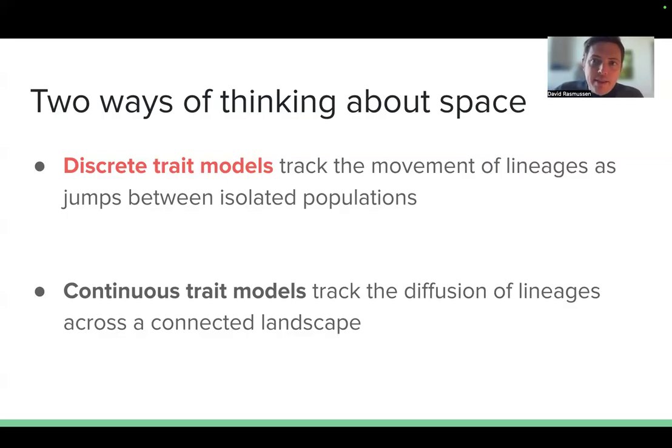Towards the end of today's lecture, we'll talk about which of these models is more appropriate for different types of pathogens. But for right now, we'll just start off with these discrete trait models because they're more broadly used, and this is what our tutorial will be based on Wednesday.